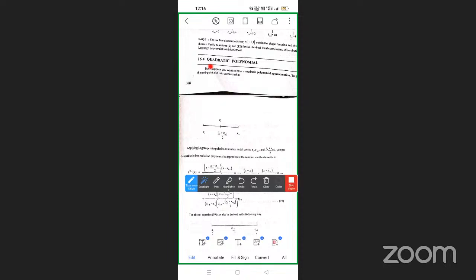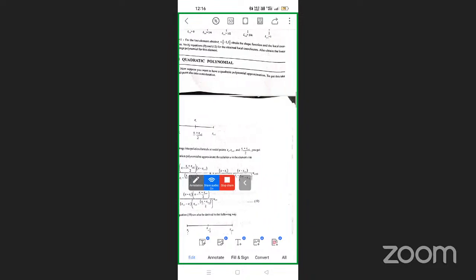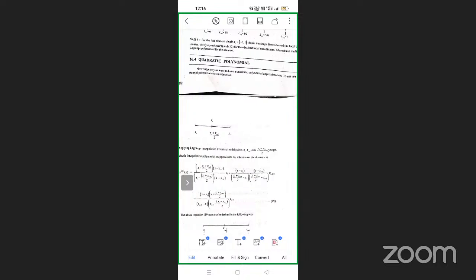Next, 16.4, quadratic polynomial. Now suppose you want a quadratic polynomial approximation. To get this, take the midpoint into consideration.